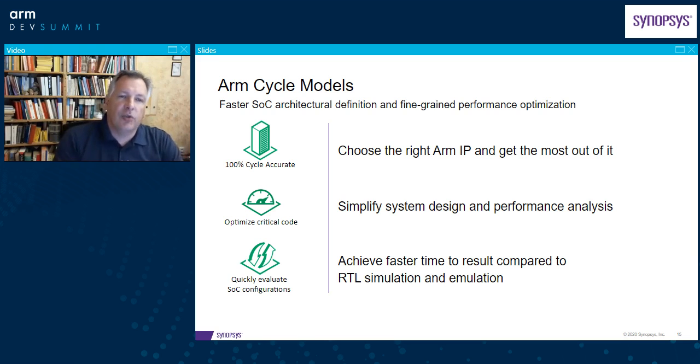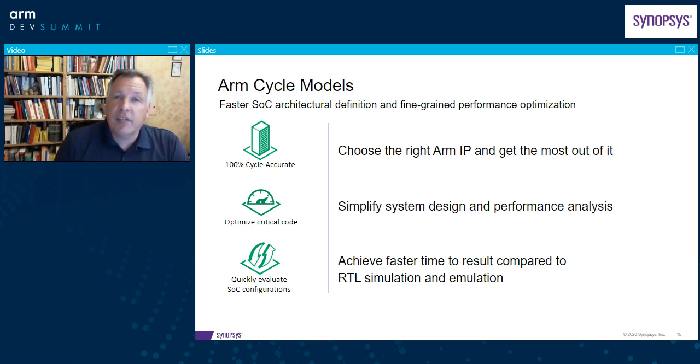Let's take a closer look at the value of these ARM cycle models in this overall flow. ARM cycle models are, first of all, 100% cycle accurate models, so they indicate the true system performance and deliver reliable results. You can use accurate virtual prototypes to determine the best system architecture trade-offs and validate results from your more abstract platforms.